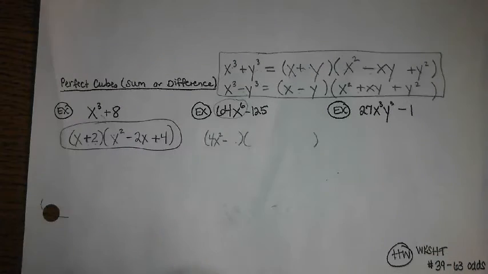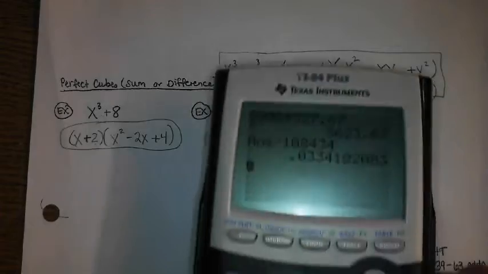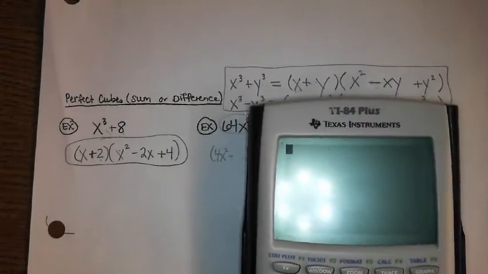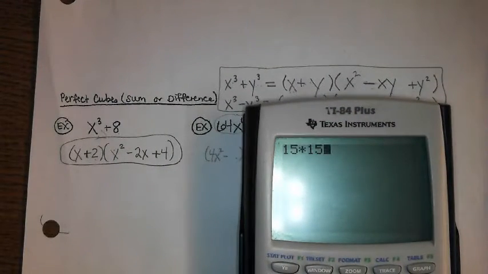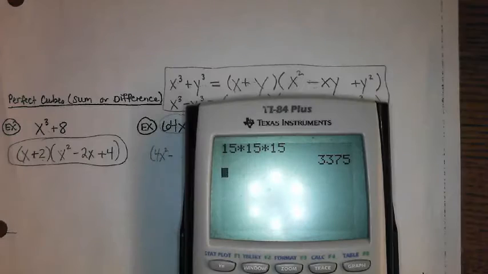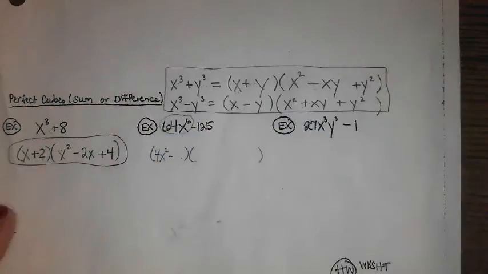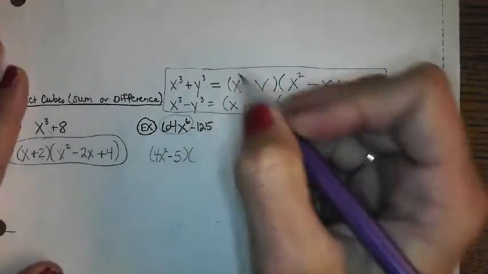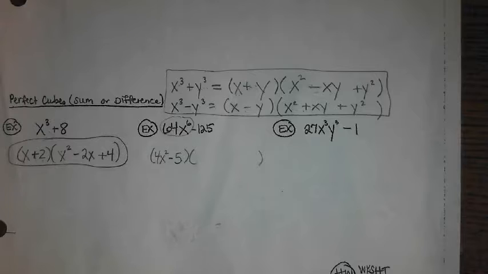What times itself 3 times gives us 125? 15 times 15 times 15? 5 times 5 times 5? Bingo. Good. 5. That's the hard part in these.